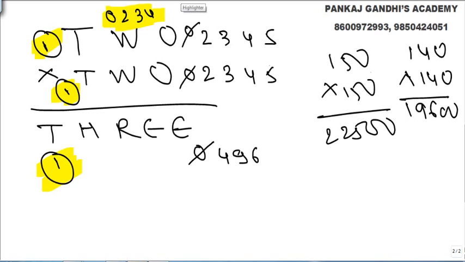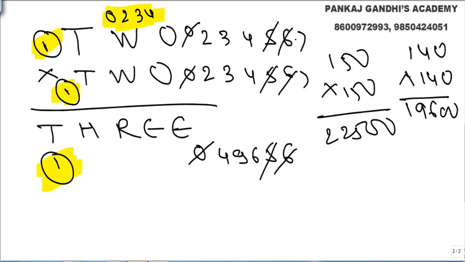5 into 5, now the problem is 5 into 5, what we get here is 25. O is 5 and E is 5, not possible. So this is not possible. 6. 6 into 6, we get 36 here. 6 into 6, O into O, 6. No, it's not possible.